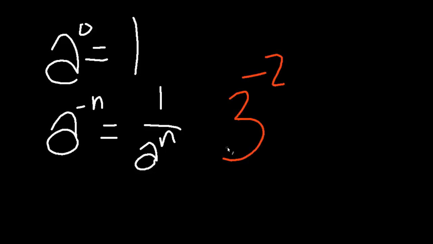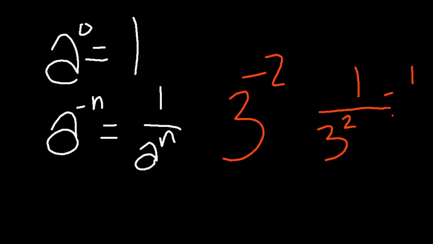So if we have a base of 3 and an exponent that is negative 2, what we're going to do is draw 1 and then stick this guy under here. 1 over 3 to the positive 2. And I'm sure you guys can see that that equals 1/9, which that's not really the point, but you get it.